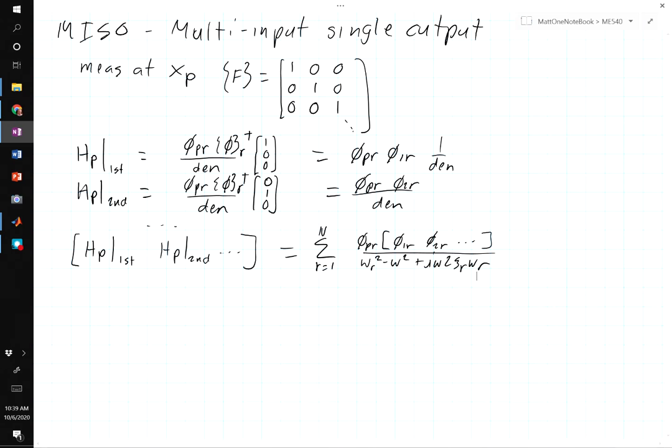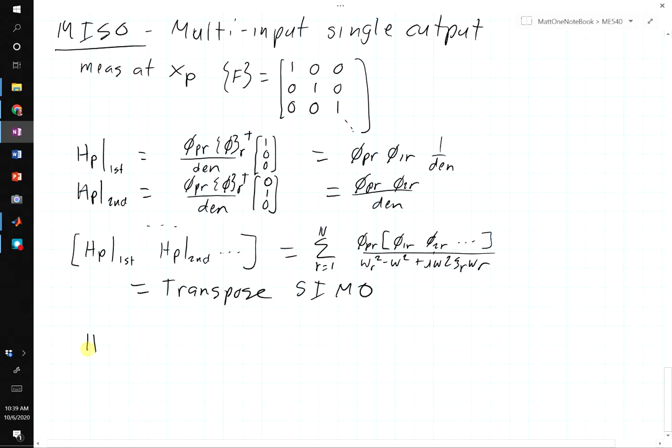So notice this is exactly just the transpose of the single input multi-output test. So MISO and SIMO, they both give the exact same information, just transposed.